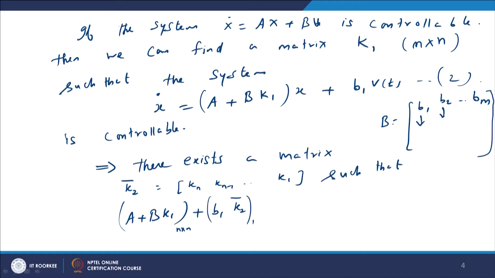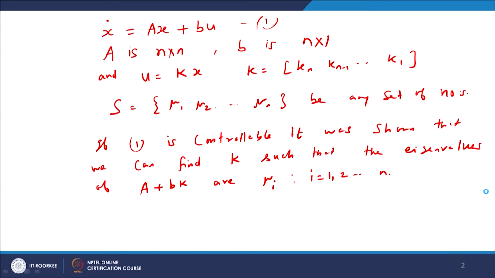B1 is an n cross 1 matrix and K2 bar is a 1 cross n matrix, so the product will give n cross n. So, this has eigenvalues mu i, for i equal to 1, 2, 3 up to n, by using the previous theorem.